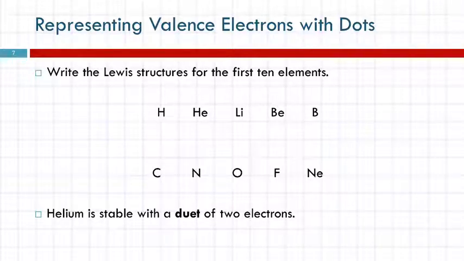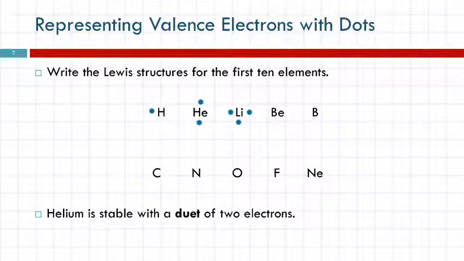How many valence electrons does hydrogen have? 1. There, Lewis structure for hydrogen. How about helium? 2 valence electrons. But lithium? 3.